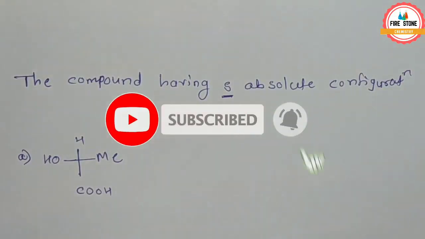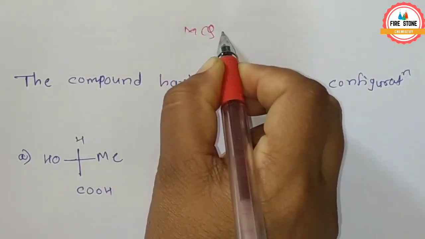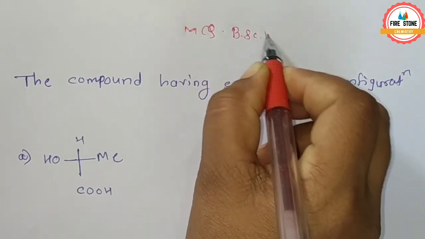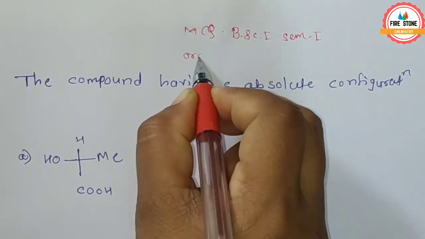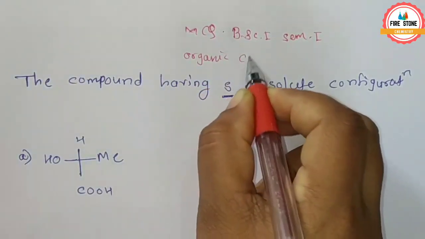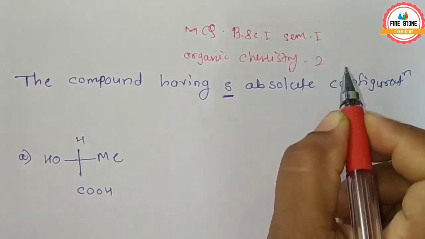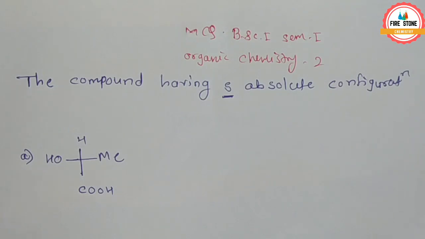Today we are going to see an MCQ question of BSc Part First, Sem First, Organic Chemistry, Paper number 2, and this is the Stereochemistry topic.